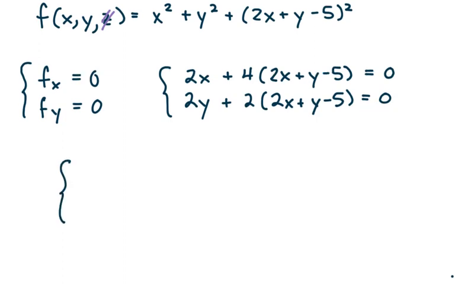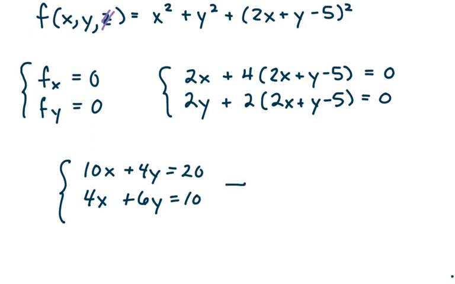Simplifying, just distributing and combining like terms, moving the constants to the right, I end up with a system of linear equations: 10x plus 4y equals 20, and 4x plus 6y equals 10. Now this is a very simple system of linear equations for us to solve.